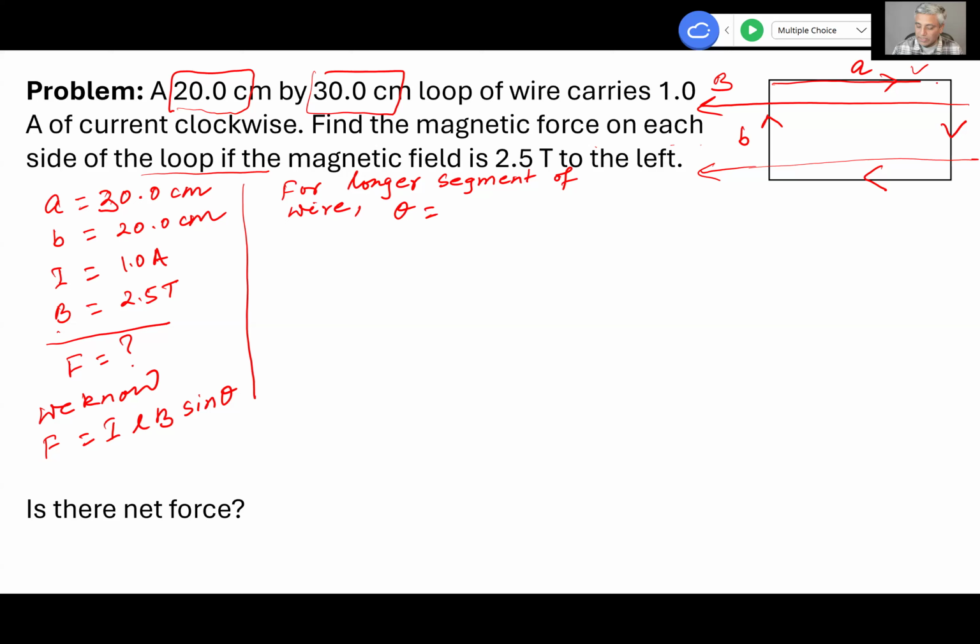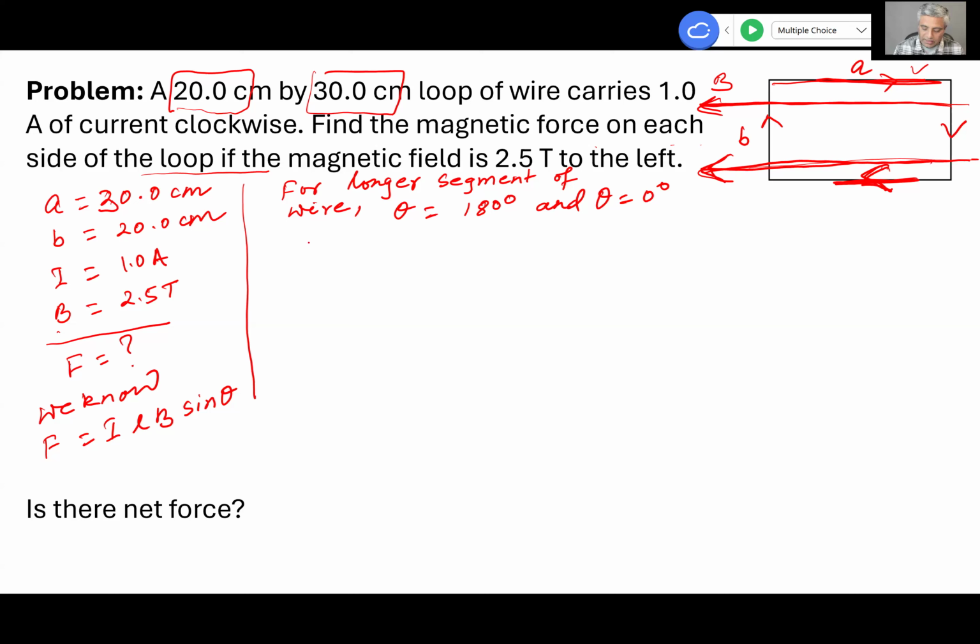See, the length is going this way and the field is going that way, means the angle between them is 180 degrees. And for this one over here, it is, see, the current is going this way and the field is going that way, means the angle between them is 0 degrees.